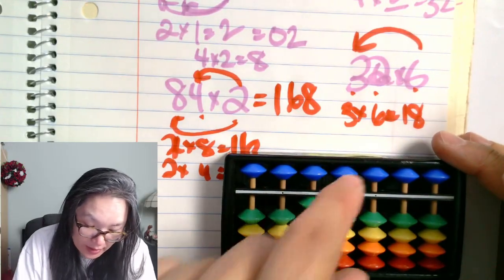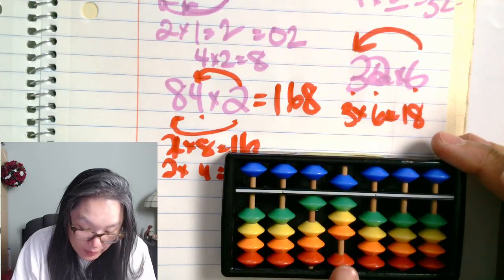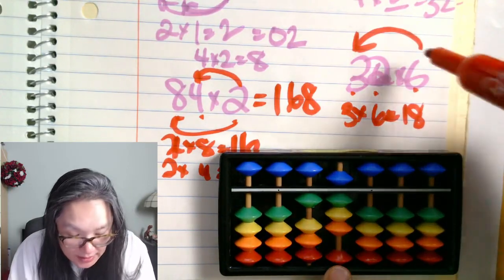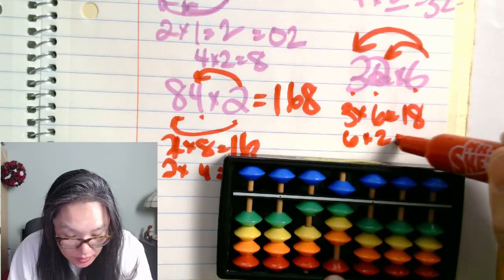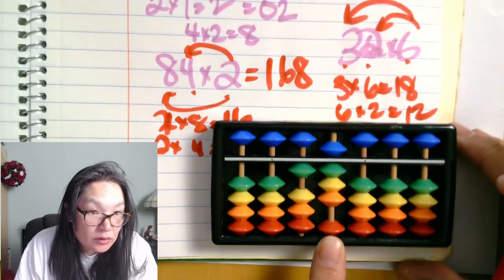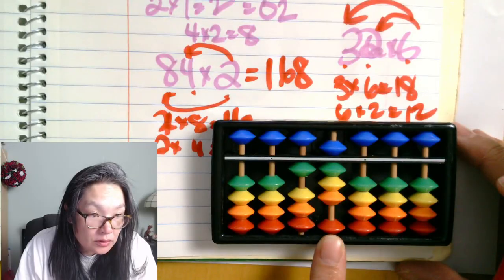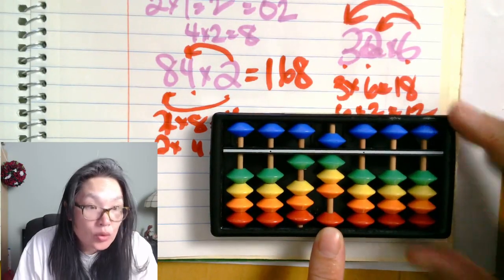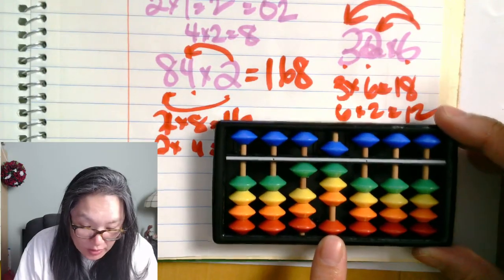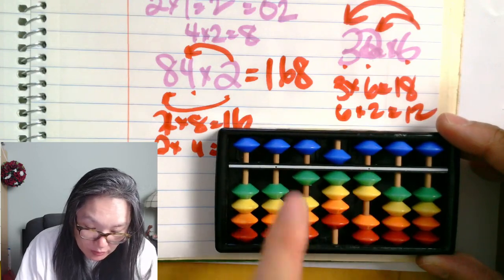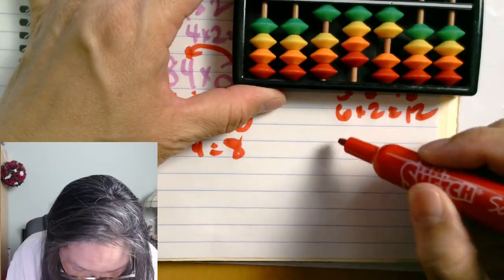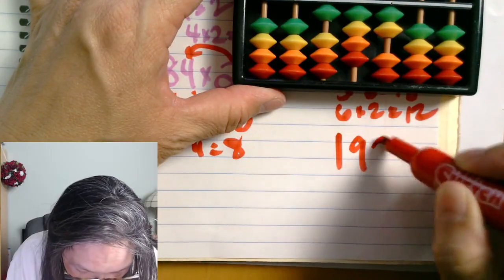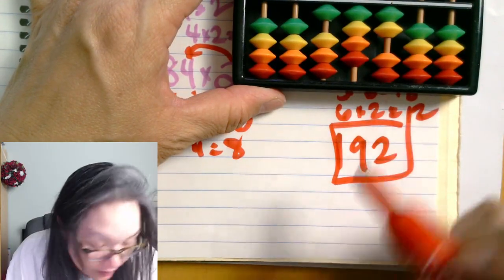I add my 1, I add my 8. I put my finger here. 6 times 2 is equal to 12. Okay, good. Great. So we add 1, we add 2. What's my answer? My answer is 192.